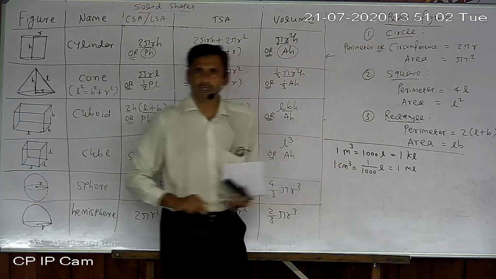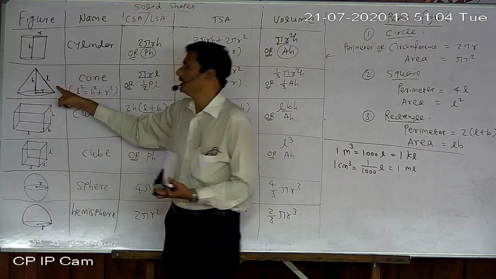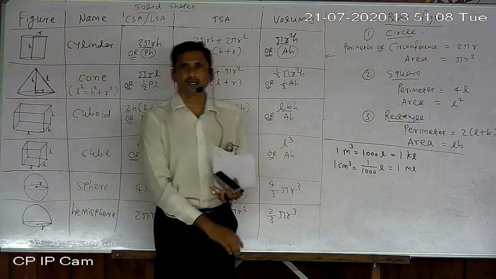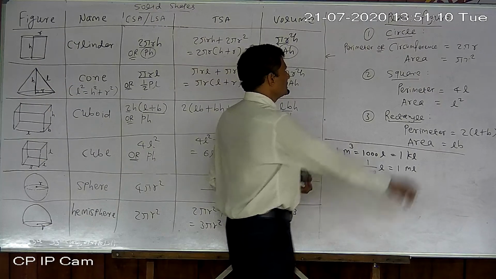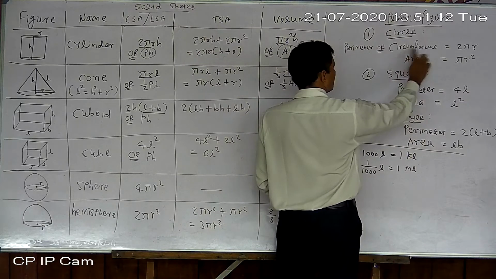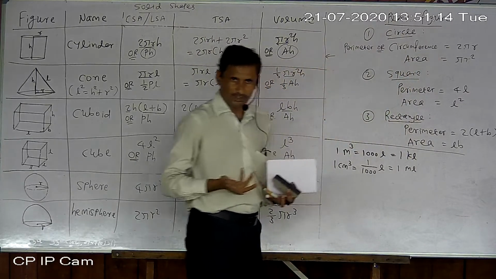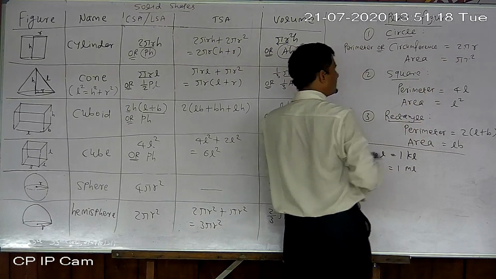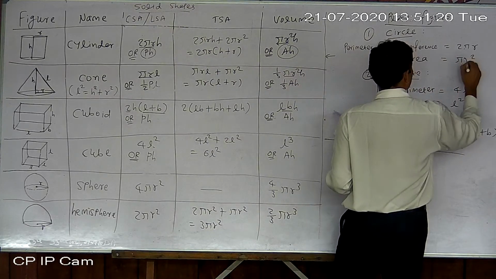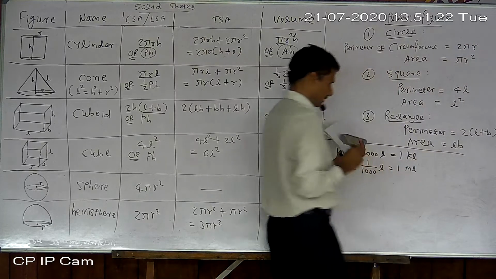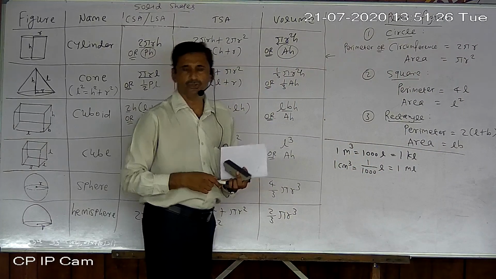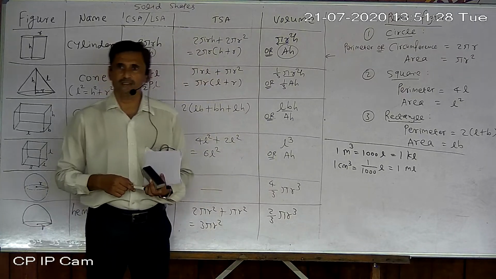Circle is the base of a cylinder and the base of a cone. Both bases are circular. So the circle's perimeter or circumference, both are synonyms, is 2 pi r and the area of a circle is pi r square. Okay, you just remember this formula. I think you have used this formula for so many years.